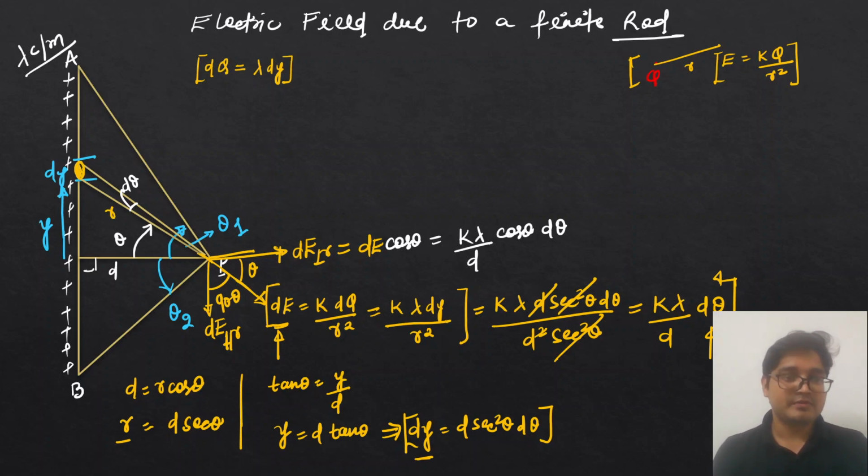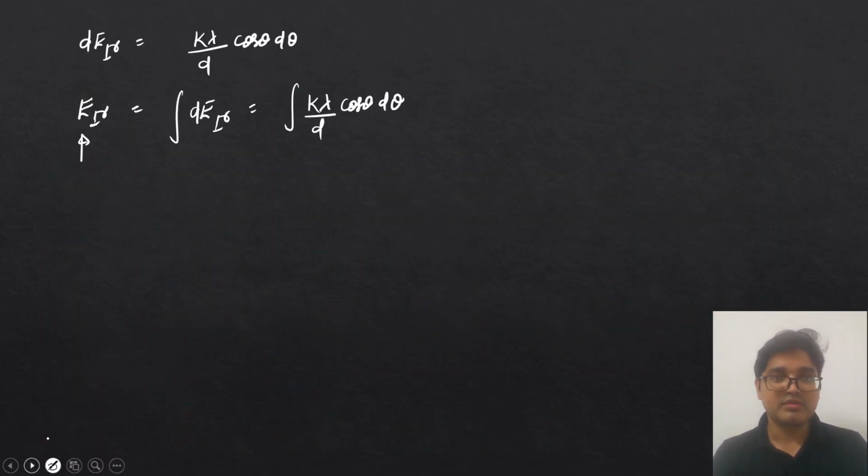So if I vary the angle from here, the angle will be negative. So this end is at minus theta 2. So from minus theta 2 to plus theta 1 will cover the entire rod. So the limit of the integration will be minus theta 2 to plus theta 1.